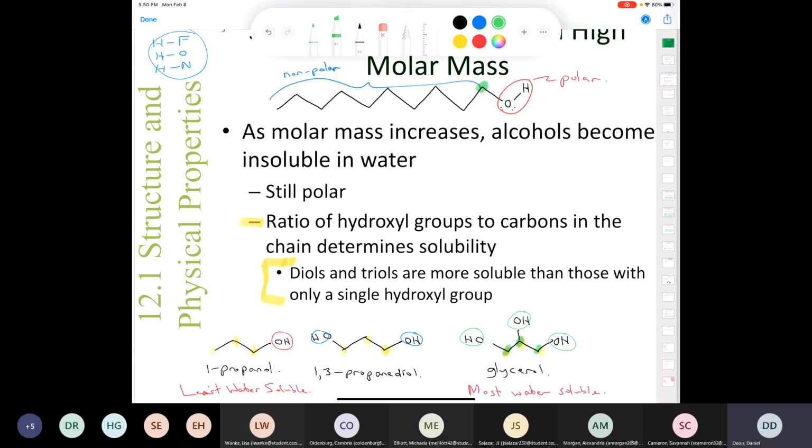All 3 of these in glycerol are carbonyl carbons. Anything that's attached directly to the oxygen of an alcohol is a carbonyl carbon. If you think about the generic ROH, this R is a carbonyl carbon, even though you can't see the carbon, but that's where it would be. It's the one directly attached to the oxygen.